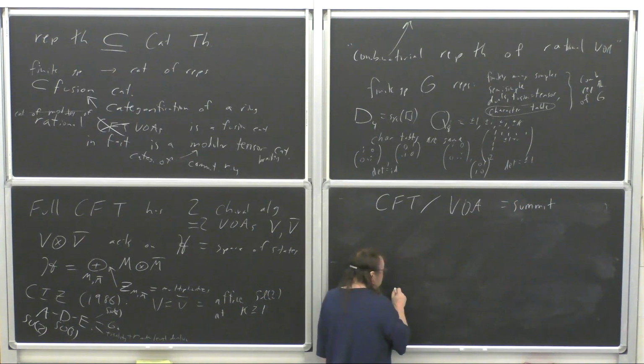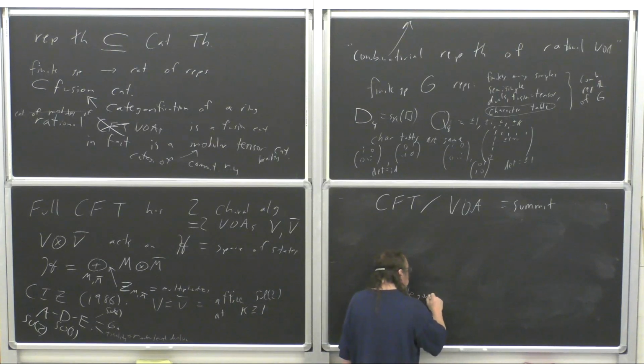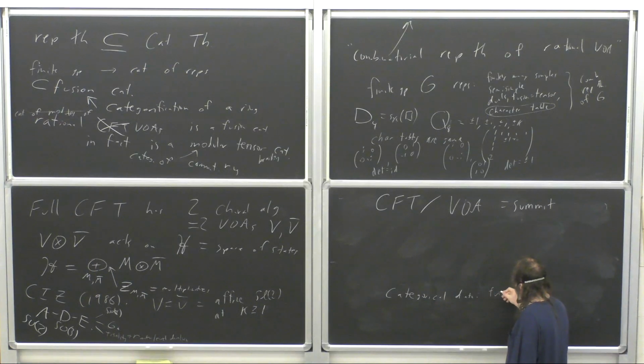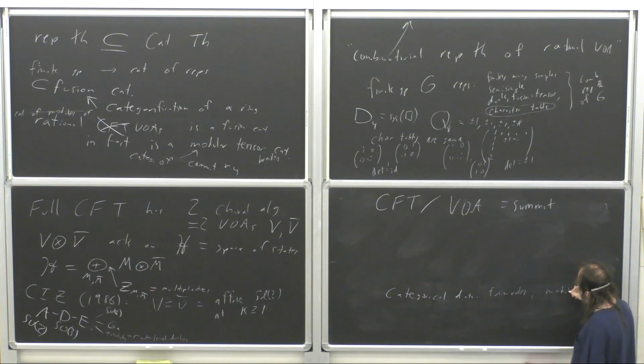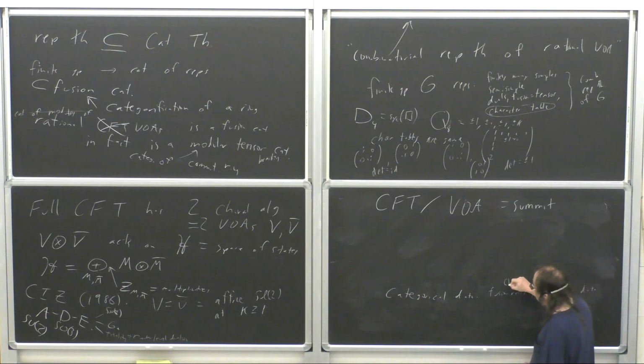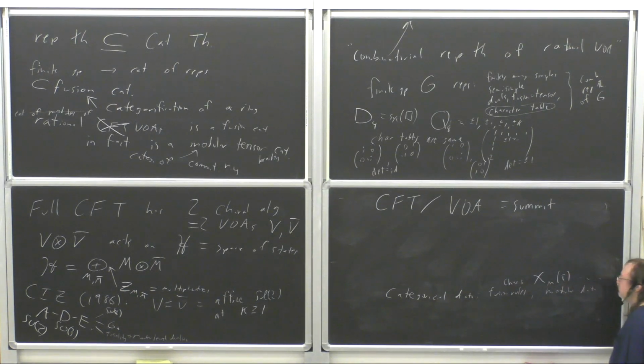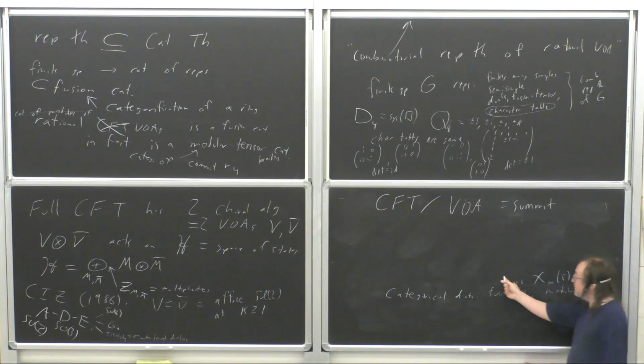At the bottom, we have our categorical, so things like fusion rules, things like modular data. Maybe what contains a bit more information will be the characters of your VOA. And whatever else belongs here. So there's a bunch of stuff here.